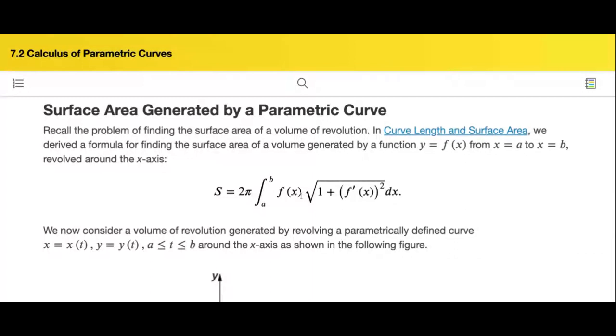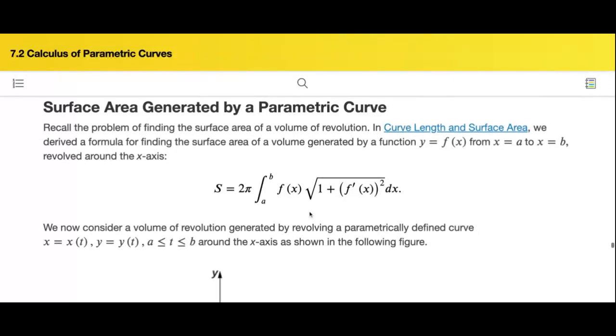So 2 pi r is the function value f of x. That's before, right? Then h is square root of 1 plus derivative square. That's when we did before. Washer method, find the surface area from the function.